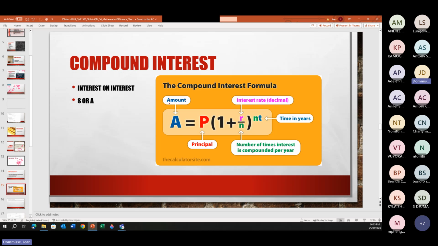Again, if you Google or look at YouTube, there are two different variables they use for the amount. It is S or A. The rest will stay very similar.